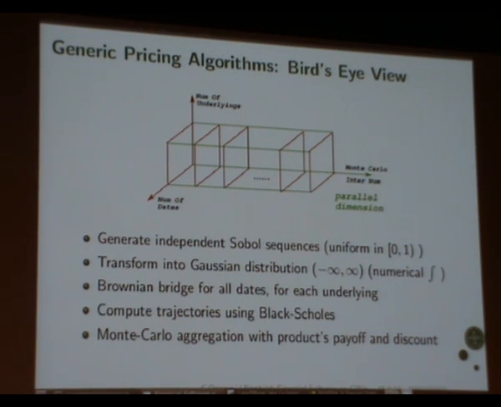This figure is supposed to show that we have one big parallel Monte Carlo direction. Each of the other directions, number of dates and number of underlyings, has some parallelism in it, but in at least one stage they are sequential.